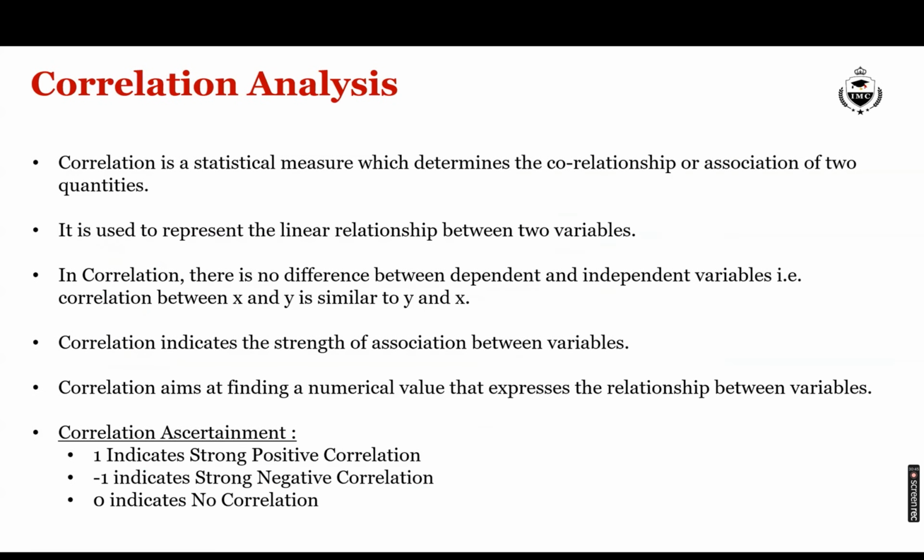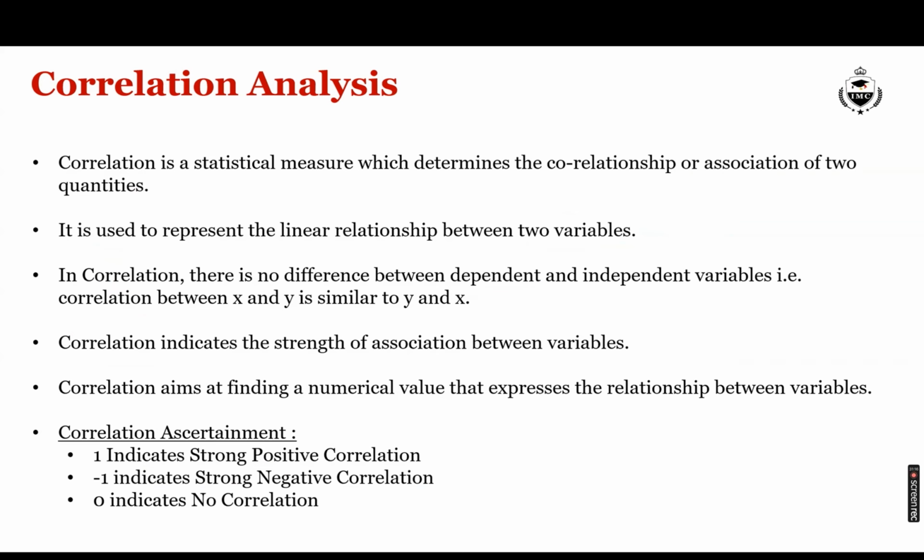Next discussion we will have about correlation analysis. Correlation analysis indicates whether a mutual relationship exists between two sets of data. There can be three results: strong positive correlation, where one data increases, the other data increases; strong negative correlation, where one data increases, the other data decreases; and no correlation.